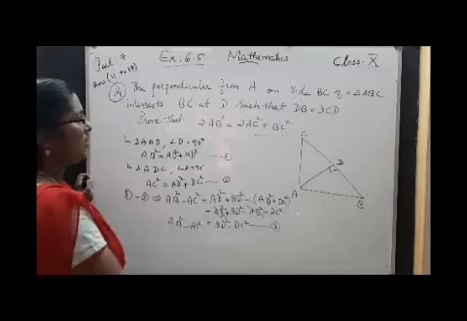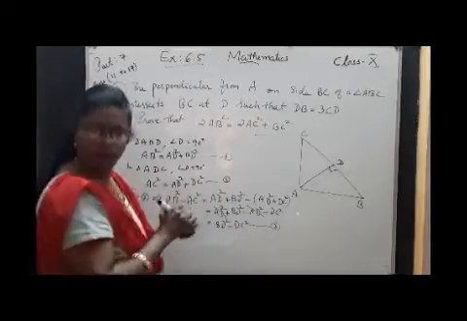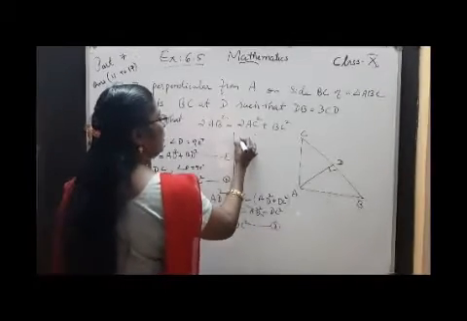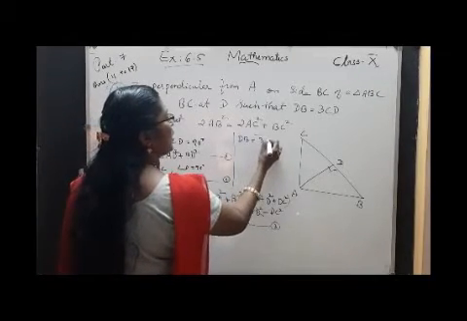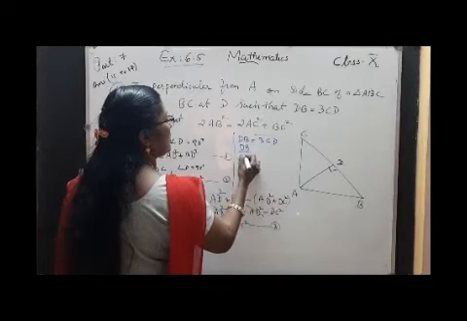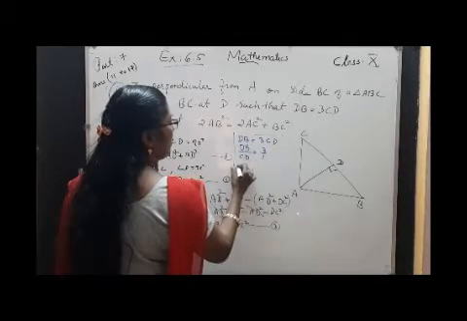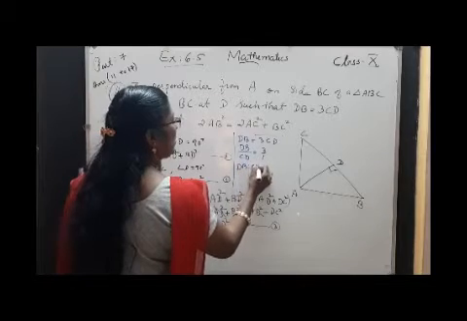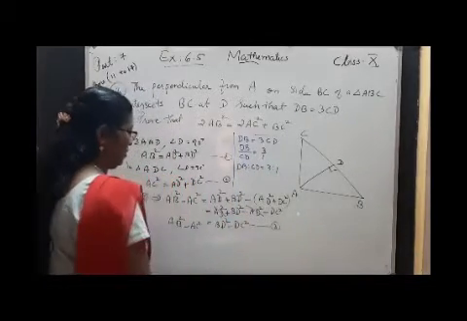Okay, then what is given? DB equal 3CD. DB by CD equal 3 by 1. That is DB is to CD equal 3 is to 1. Okay.